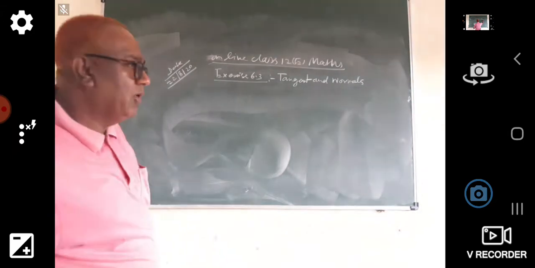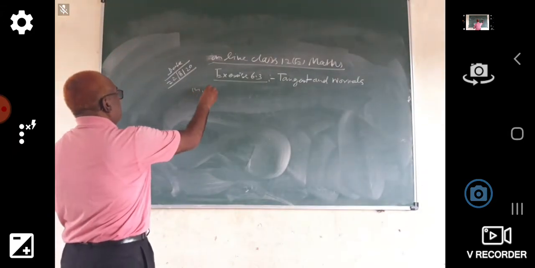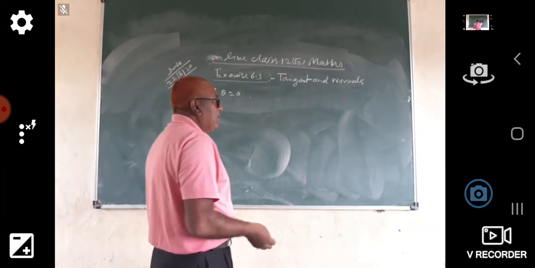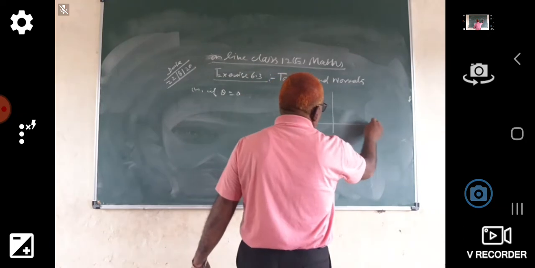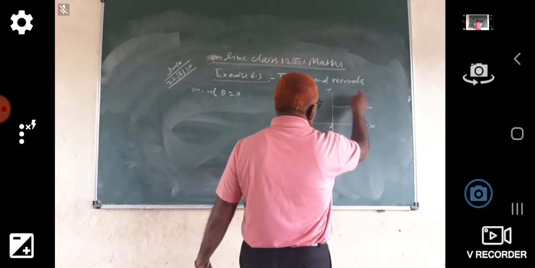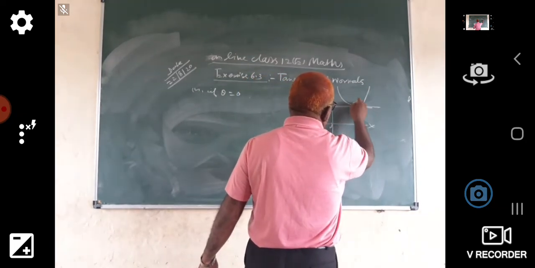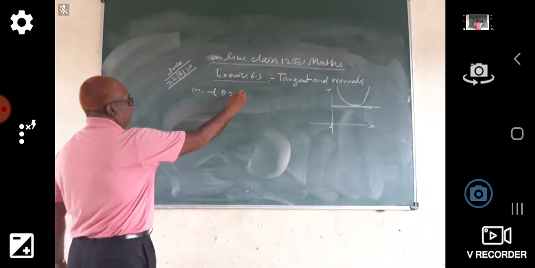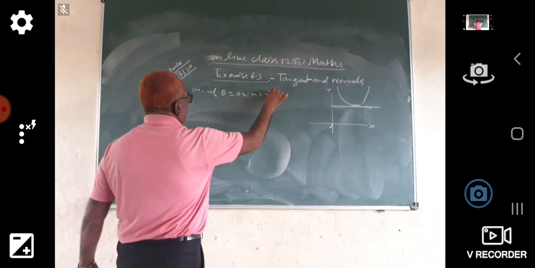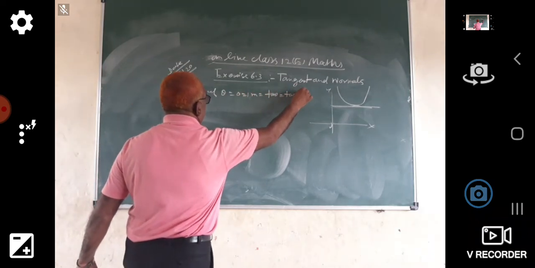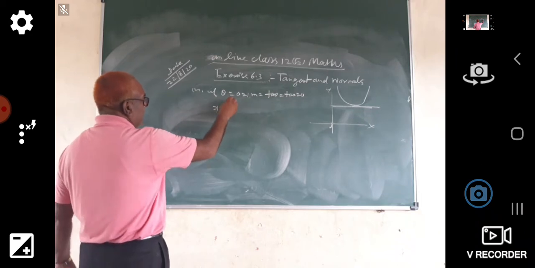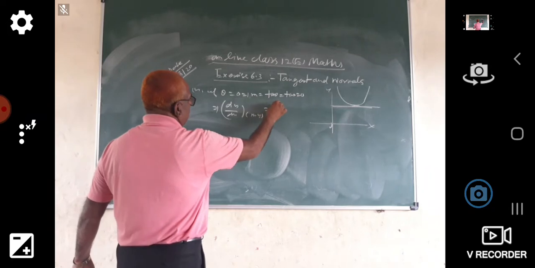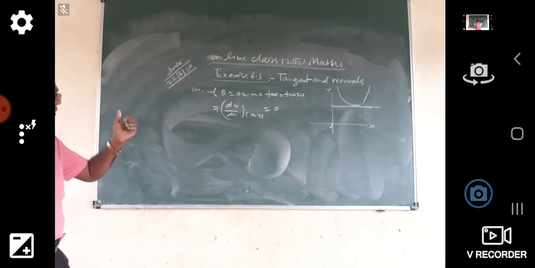Now in property 4, if theta is equal to 0, it means the tangent line is parallel to the x-axis. Then m is equal to tan theta, that is tan 0 is equal to 0, which means the slope of the curve, dy by dx at x1, y1, is also equal to 0.